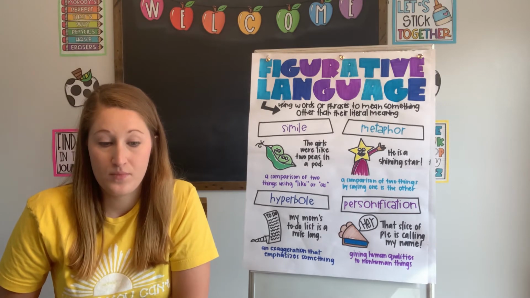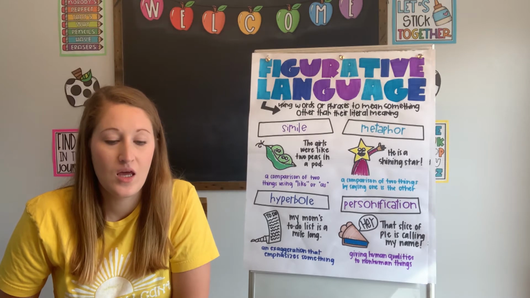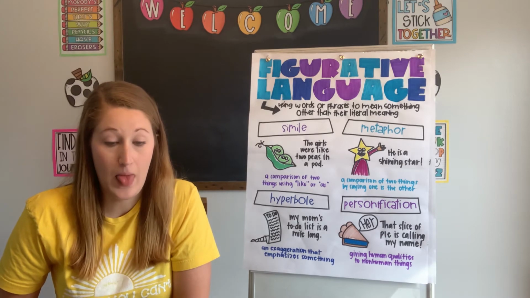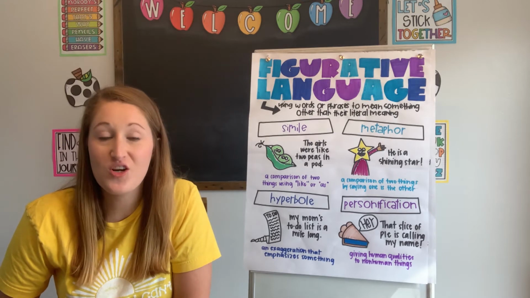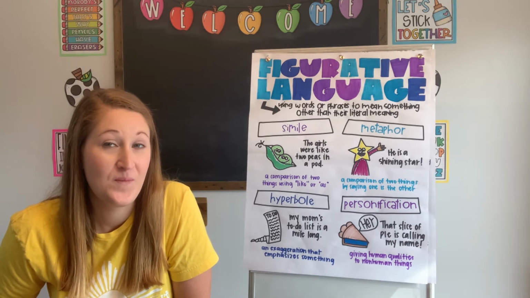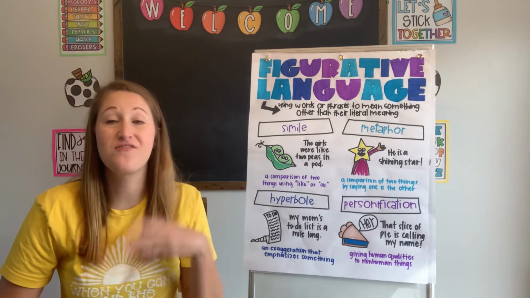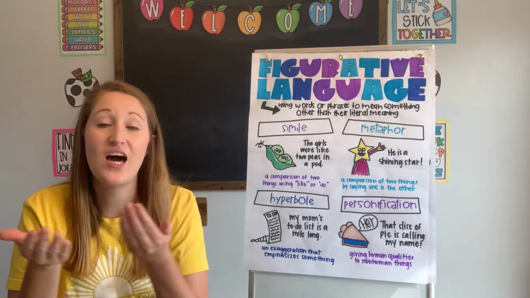Here's another one. This one's a good one. I messed up. I'm so sorry. Their fur was as white as snow. Yeah, so the fur is being compared to the color of the snow, right? That color white.